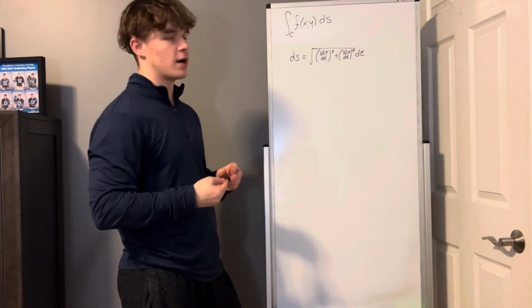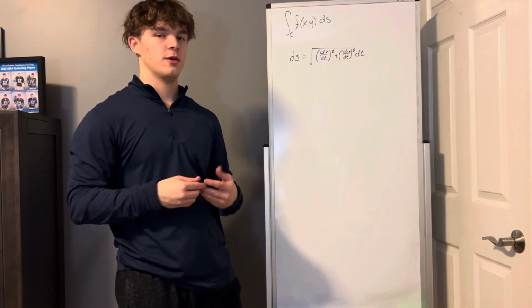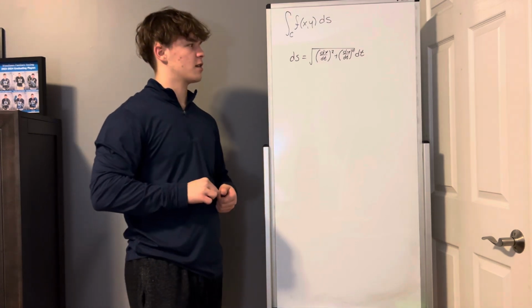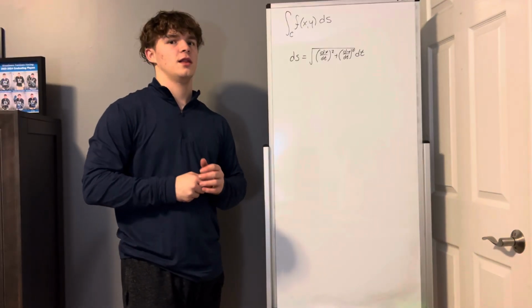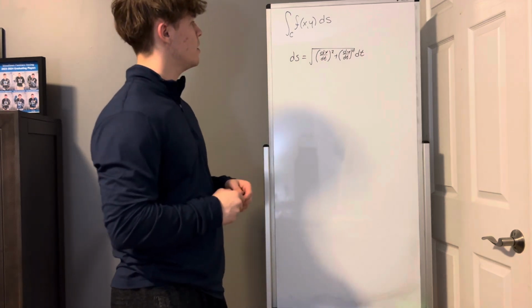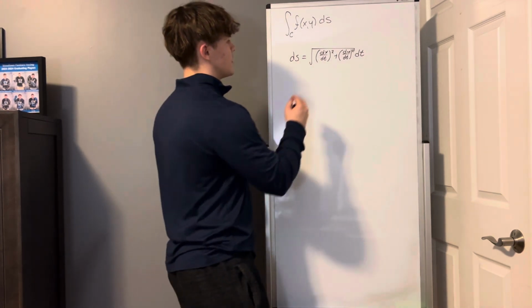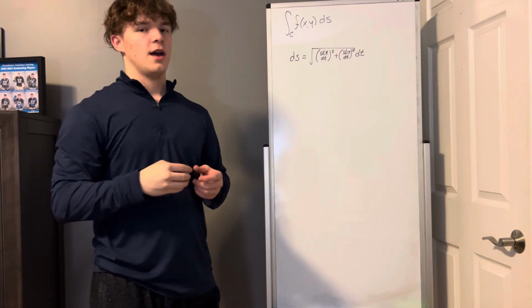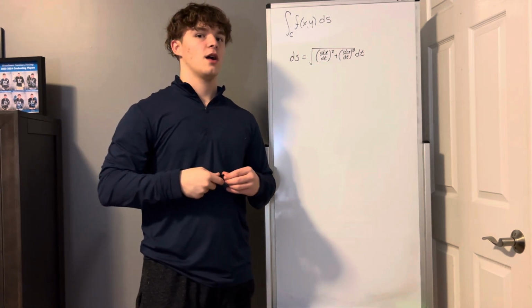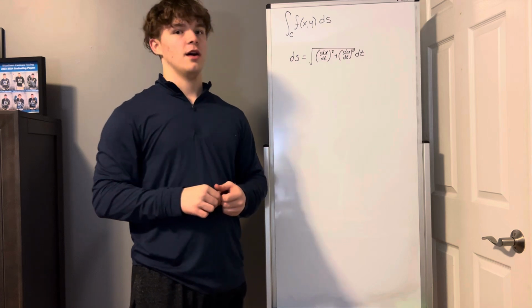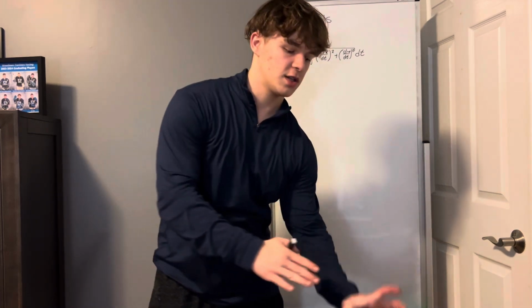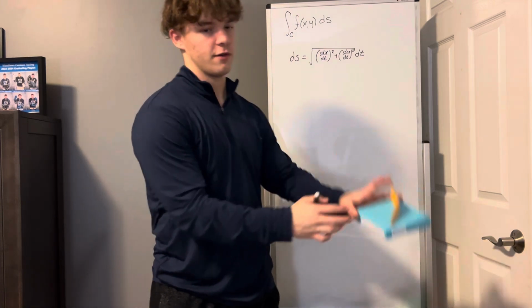And you can go back and watch my video on how it's derived. We derive it in the arc length video, specifically arc length of parametric equations in that case. But as we can see here, we have a new variable t, and this is why we need to know our parametrization of curves in 2D space, because we're just in the 2D space when we're talking about the curve.